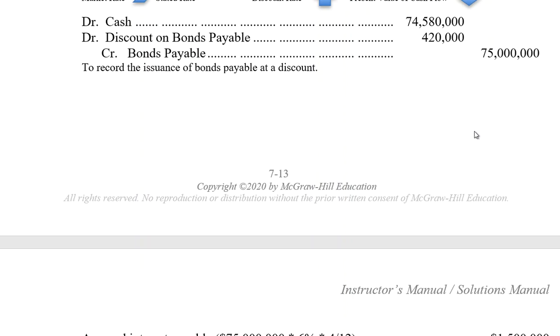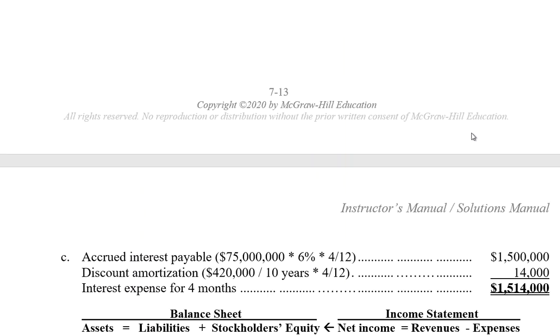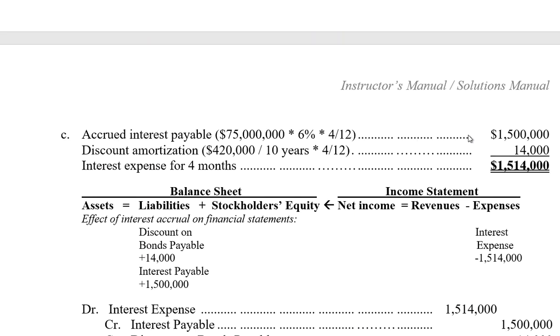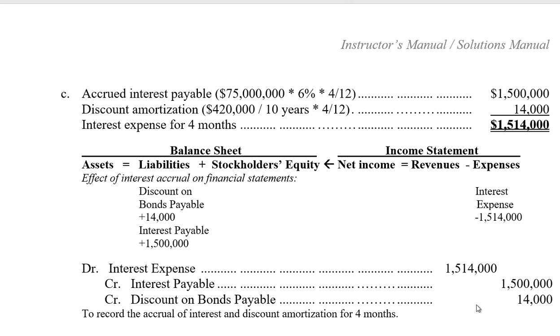So what I want you to realize is that when you get down here and start calculating the interest expense, you would have an amortization of the premium that would be a debit. So that would actually be a decrease in your interest expense. And then your interest payable would be listed. So then interest expense would be less than your interest payable if it was a premium.